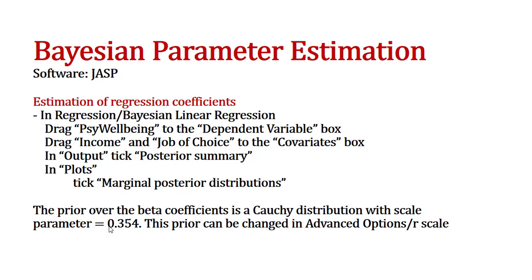For all the betas, beta 0, beta 1, beta 2, which were the intercept and the effects of income and job of choice on psychological well-being, the prior is a sort of normal distribution with mean of 0. So basically it's saying that values close to 0, both negative and positive, are more likely than values far from 0.